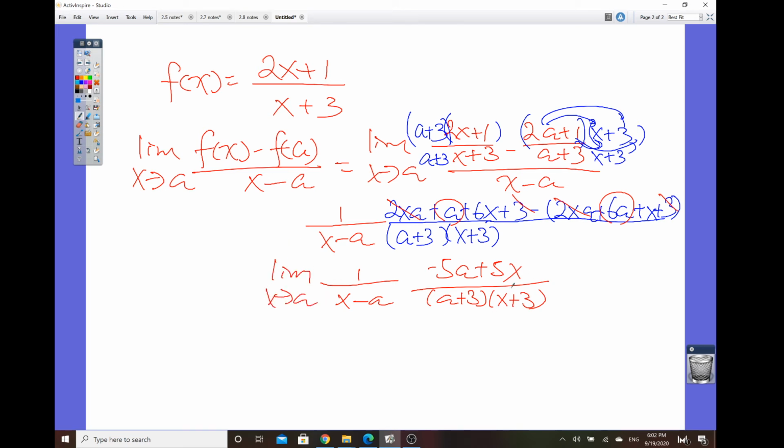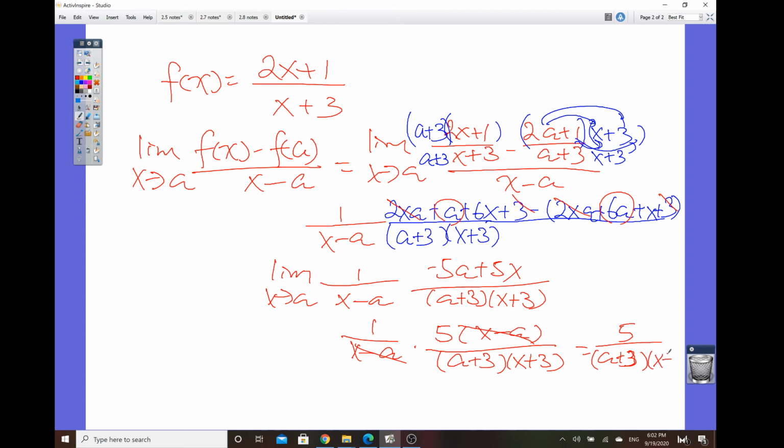Once we swap those terms, we can take out the 5, and also we can cross cancel. Taking out 5, we have x minus a, and the denominator is just a plus 3, x plus 3. The x minus a cancels, so we got 5 over a plus 3 times x plus 3.